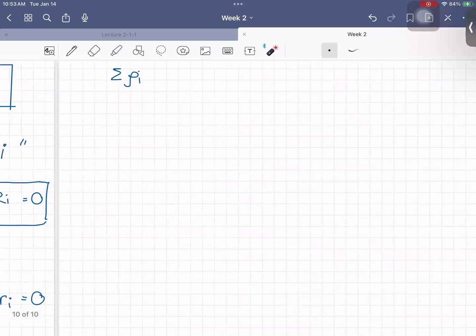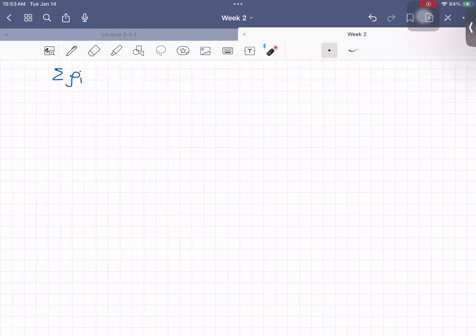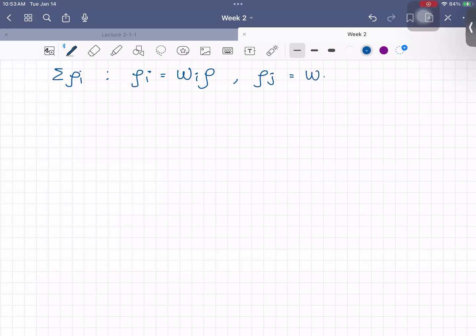So let's start with the first term here. We have sigma rho i. What does it mean? Let's say rho i is equal to the mass fraction of i times the total density. And for another species j, rho j is equal to the mass fraction of j times the total density.